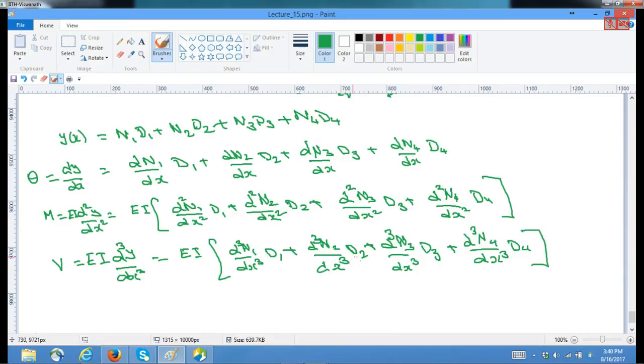We have expressions for y, theta, M and V.